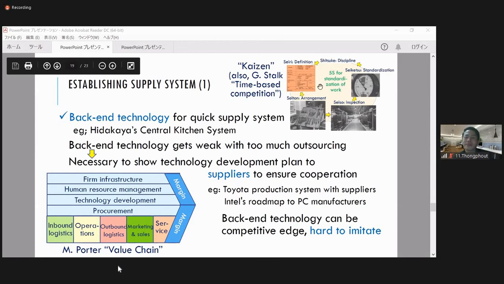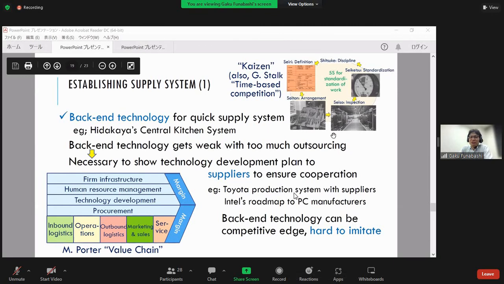And one more, talking about the production process and back-end technologies. I'm not sure if you have heard about Kaizen. Kaizen is the improvement of, for example, the production process.